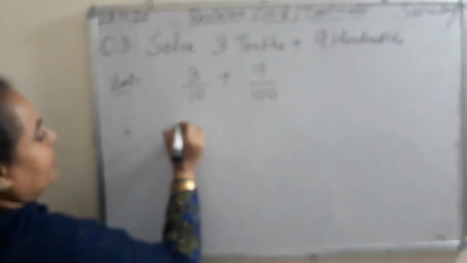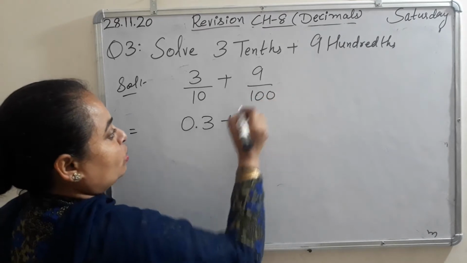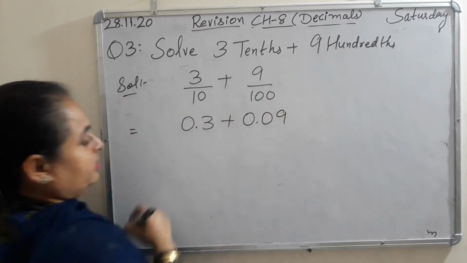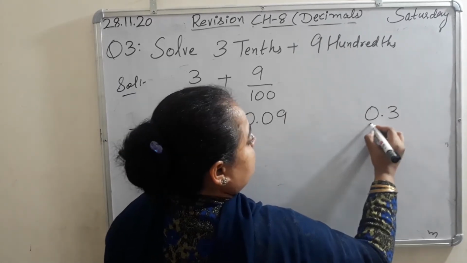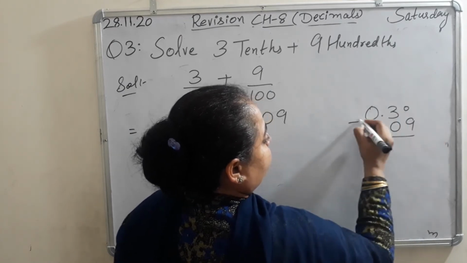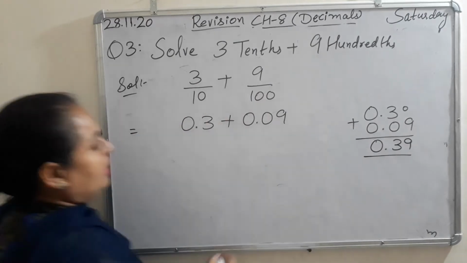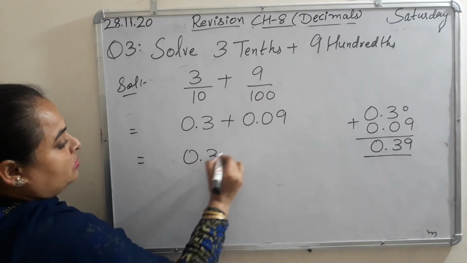After division you will get 0.3 and here you will get 0.09. Now add 0.3 and 0.09 and you will get 0.39.